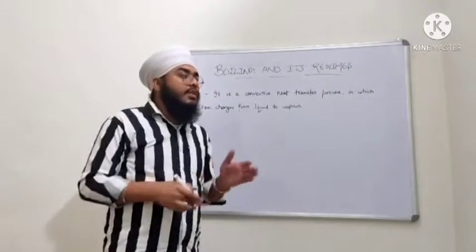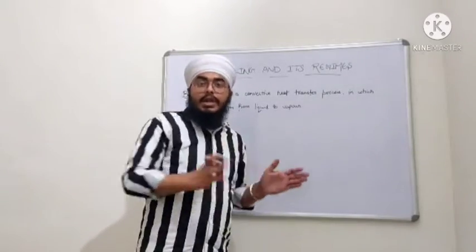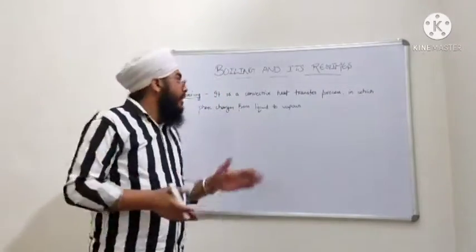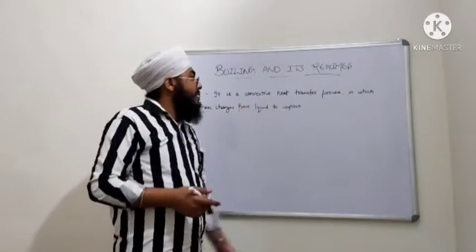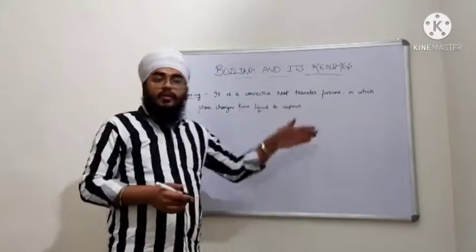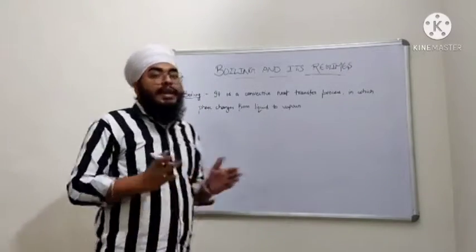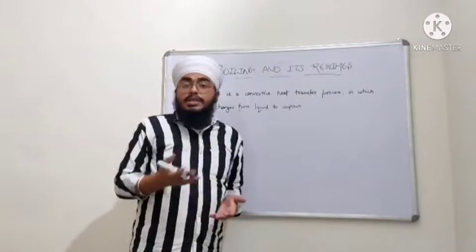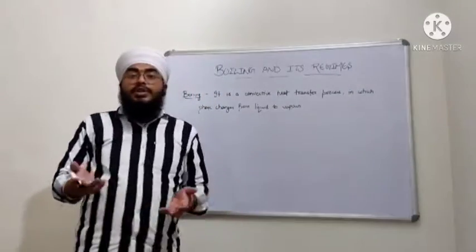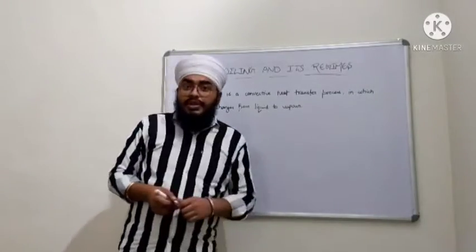We know that in condensation, vapors condense to form liquid. Now in the boiling process, the phase change is from liquid to vapor. The boiling process is used in many unit operations such as distillation, evaporation, or even in steam generation.